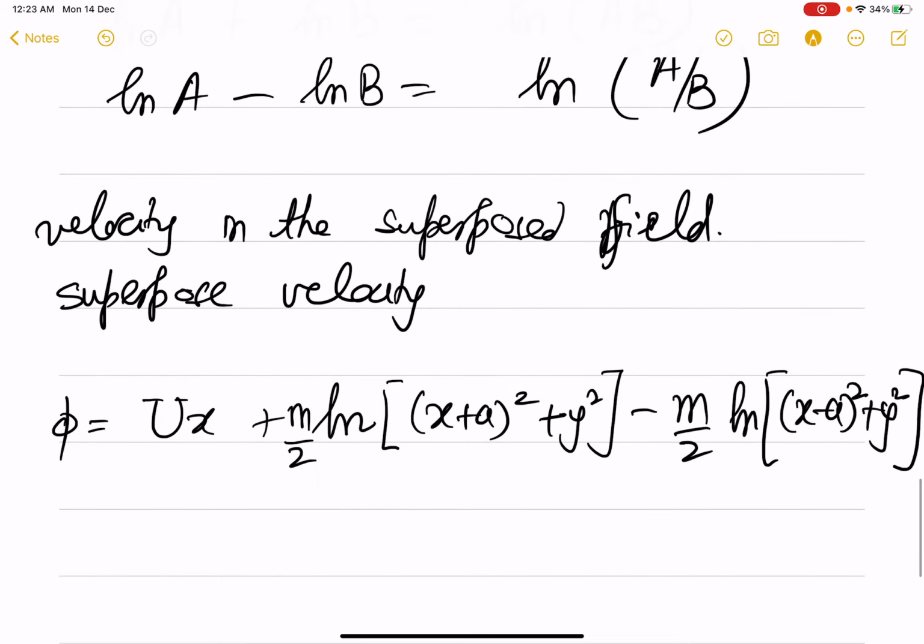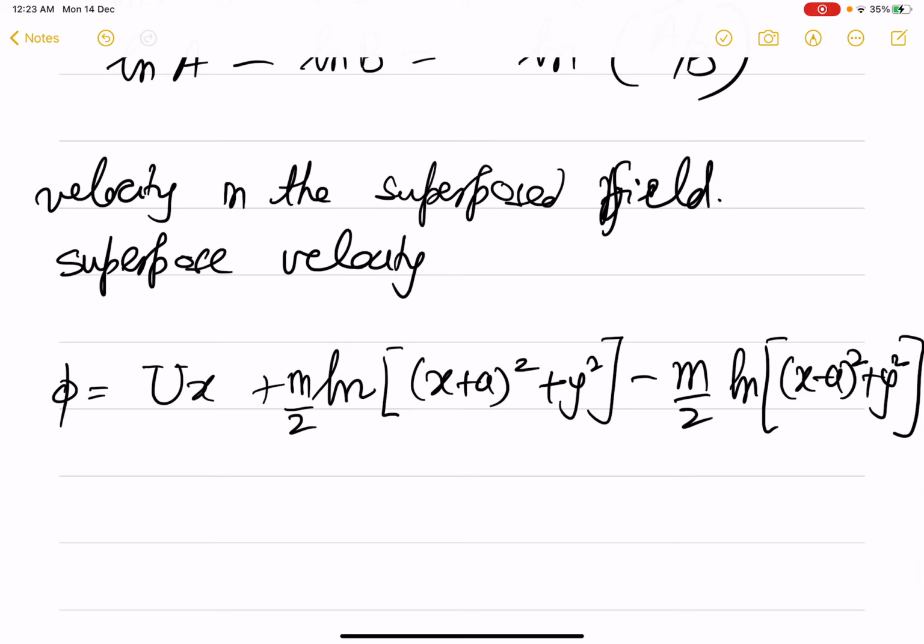Notice I'm using ln and log interchangeably, which means I'm assuming log is to the base e. So now here, if I want to find the velocity, Vx will be equal to partial phi by partial x.